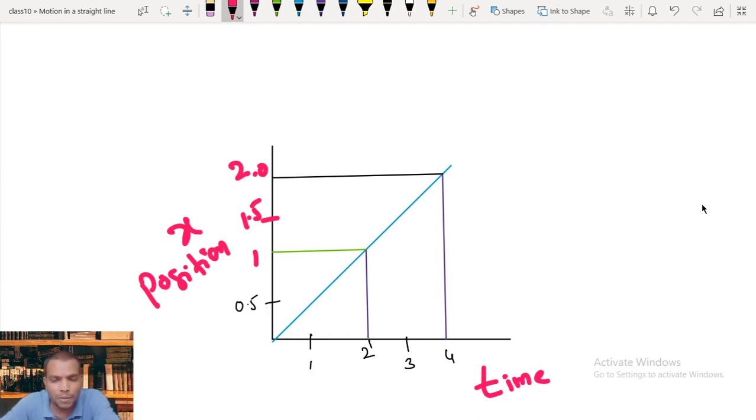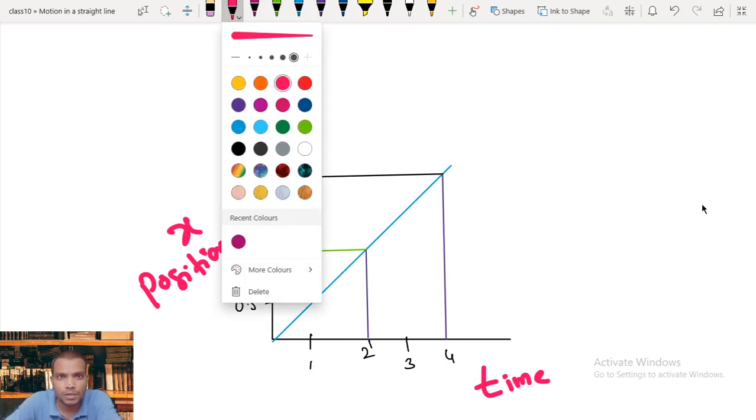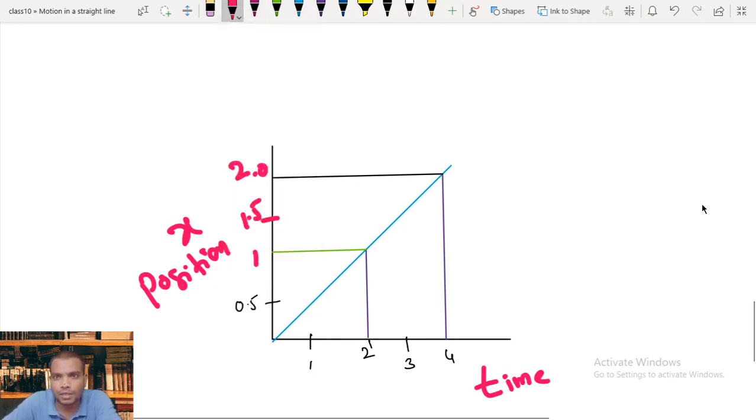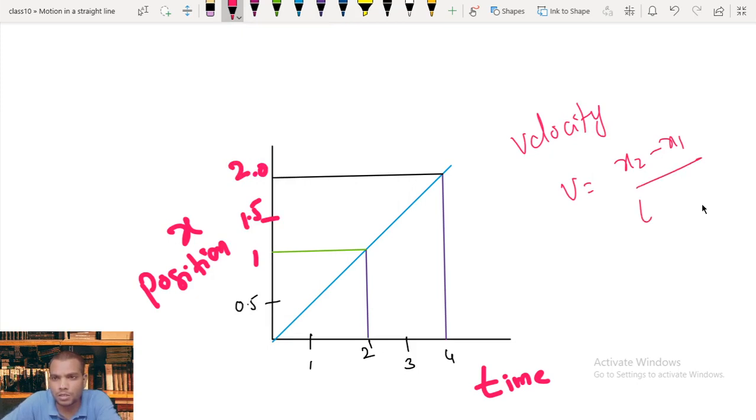Now it became my position versus time. Now what is the velocity formula? So the velocity formula, we can write that velocity v equal to (x2 minus x1) upon (t2 minus t1).